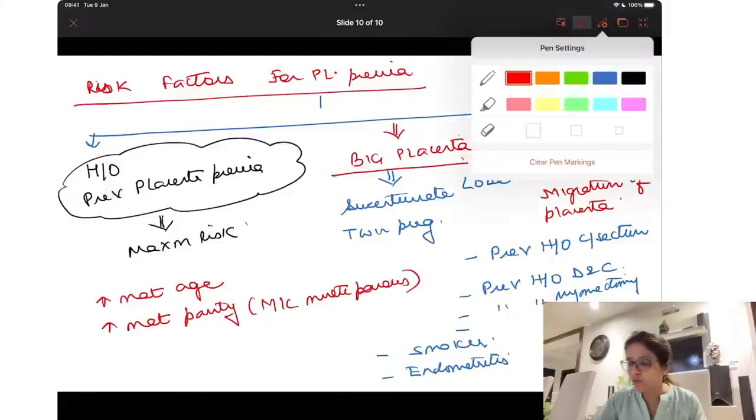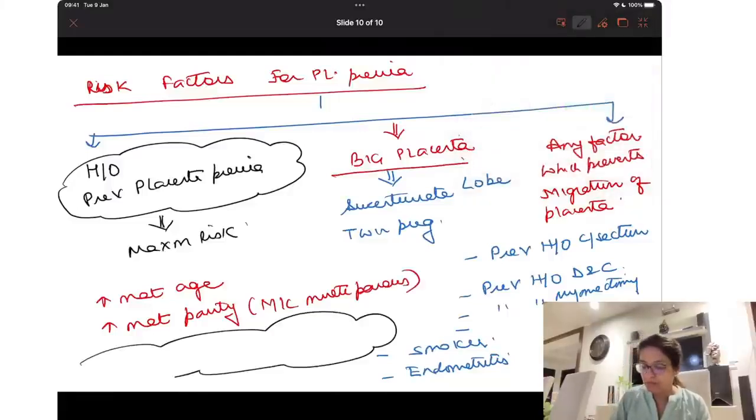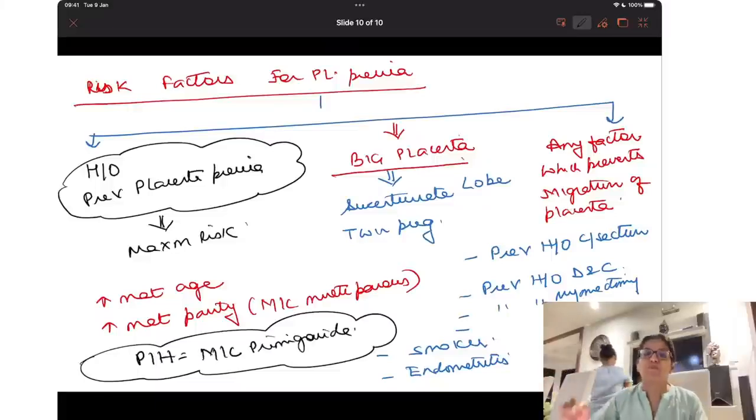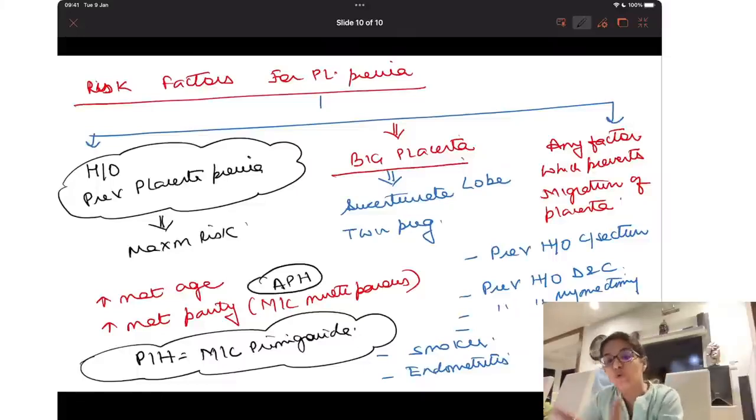On the other hand, I want all of you to remember, PIH is more common in primigravida, whereas placenta previa is more common in multiparous females. Similarly, abruptio. In other words, all antepartum hemorrhage patients, antepartum hemorrhage is more common in multiparous females. Clear to all of you?